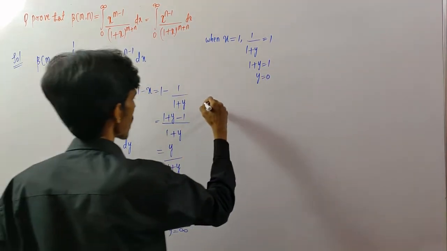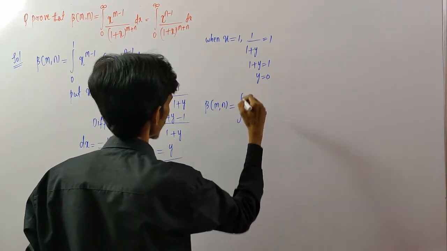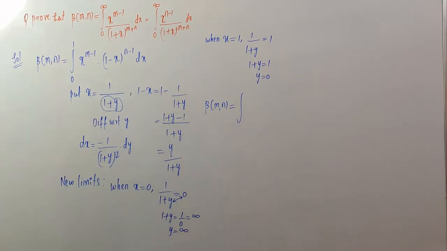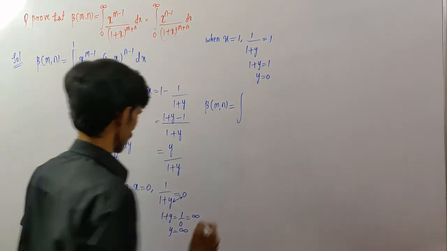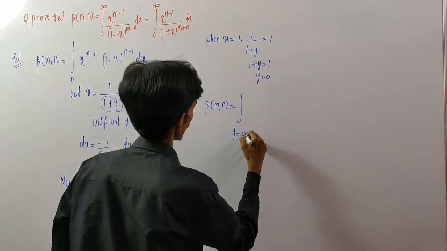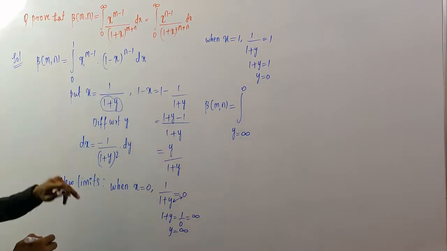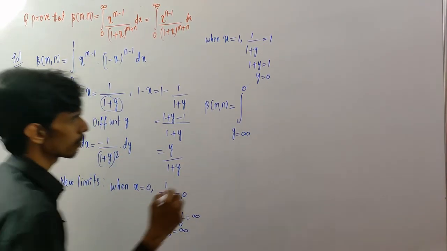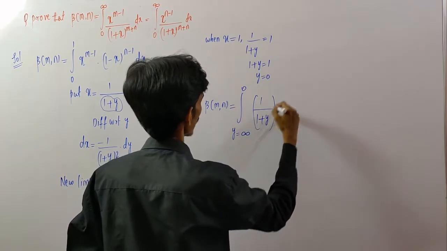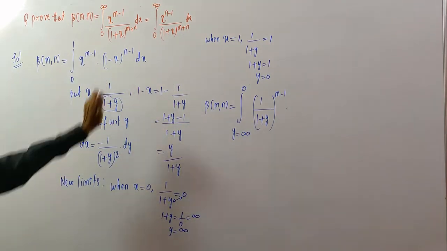This beta m comma n will become integration, for y the lower limit is infinite, y equal to infinite to 0, of x power of m minus 1. So the x value is 1 by 1 plus y whole power of m minus 1 into 1 minus x.